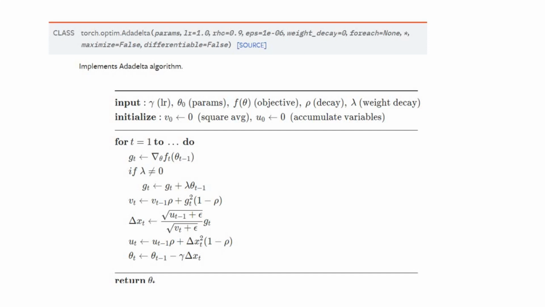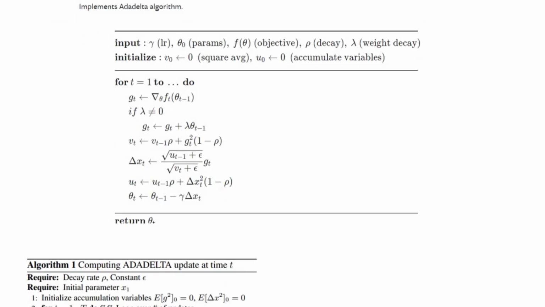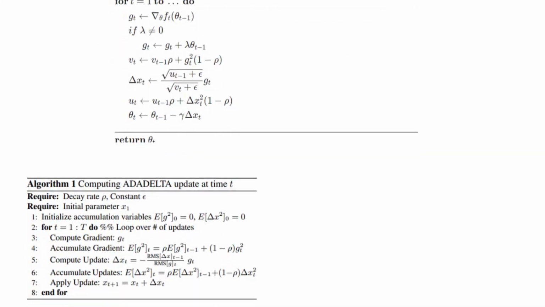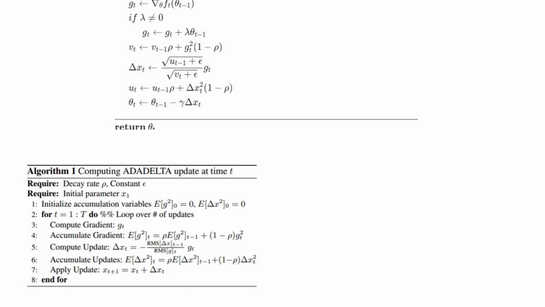Actually, the PyTorch documentation is implementing the exact same algorithm, just with some notational inconsistencies while moving from the research paper to code. We will discuss that in detail. The main aim of this video is to bridge the gap between what is in the paper and what is mentioned in the PyTorch documentation, which we will eventually be using. So let's try to understand it and elaborate wherever possible.